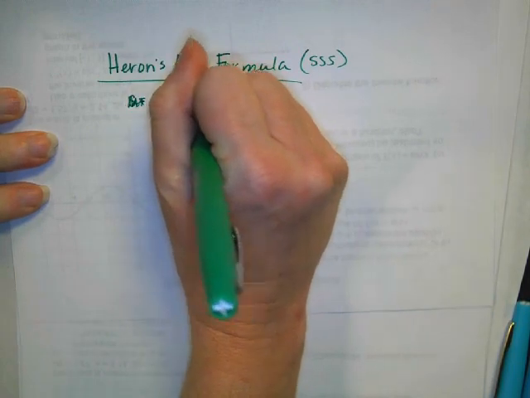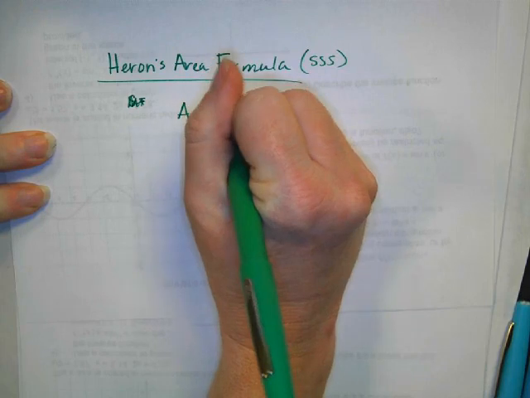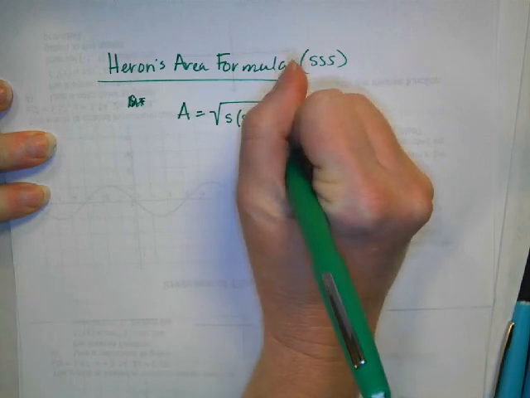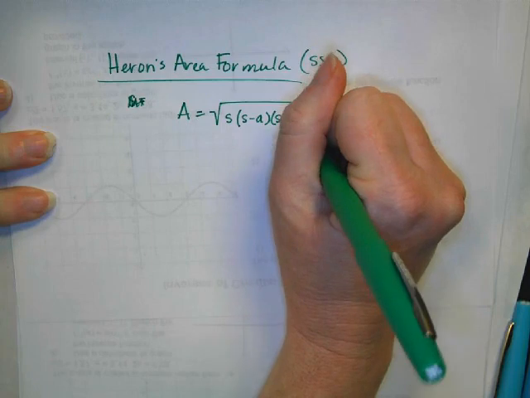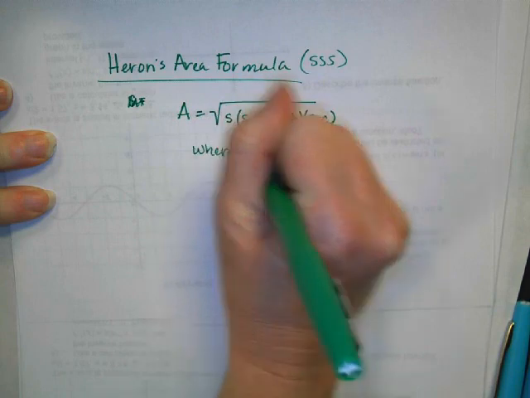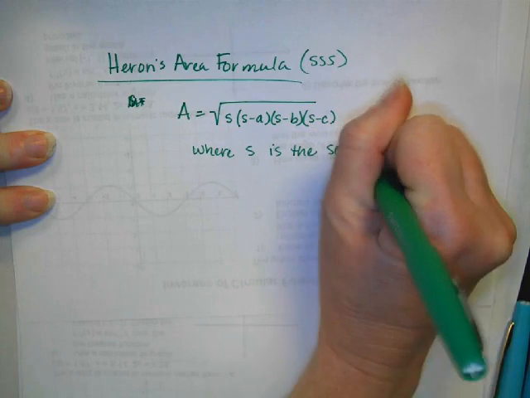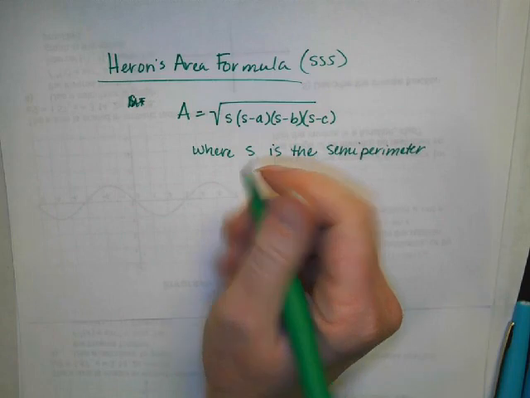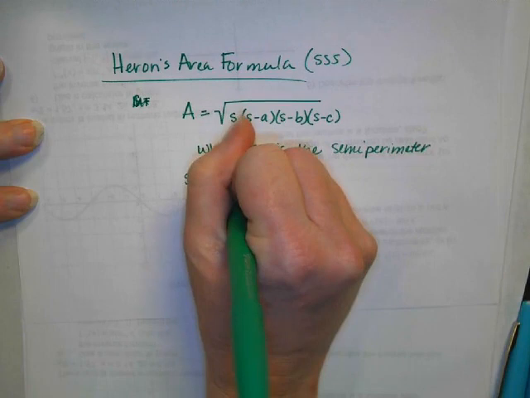So it would be area equals the square root of, where S is the semi-perimeter, and a semi-perimeter is just half the perimeter. So A plus B plus C.